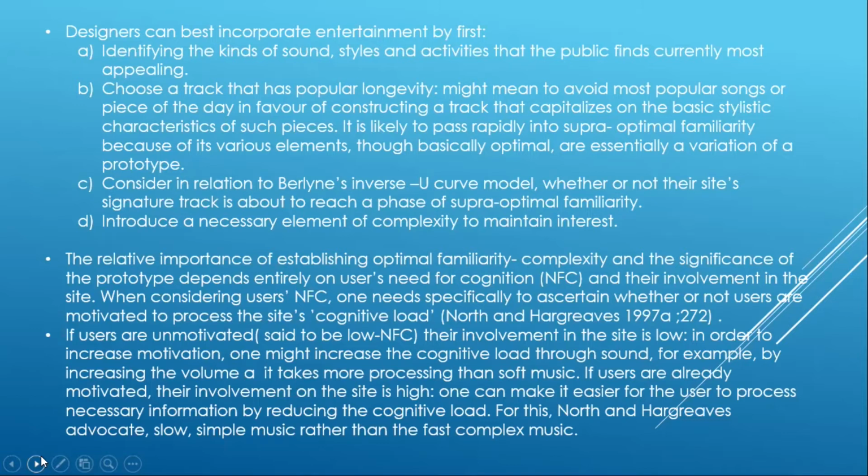The relative importance of stabilizing optimal familiarity, complexity, and the significance of the prototype depends entirely on users' need for cognition, which is NFC, and their involvement in the site. When considering user types, NFC, one needs specifically to ascertain whether or not the users are motivated to process the site's cognitive load.